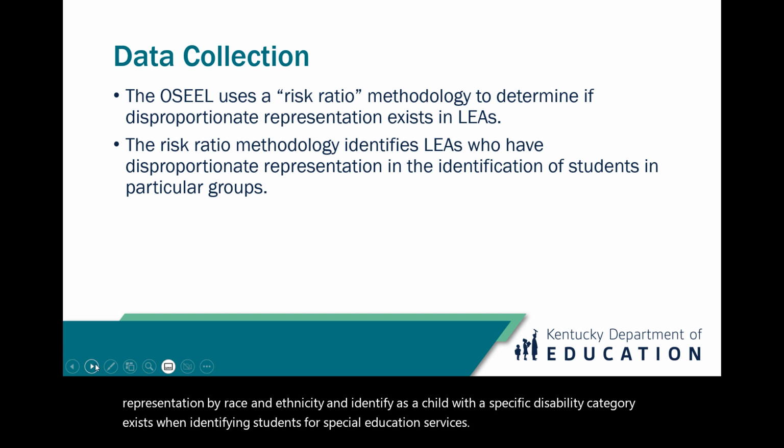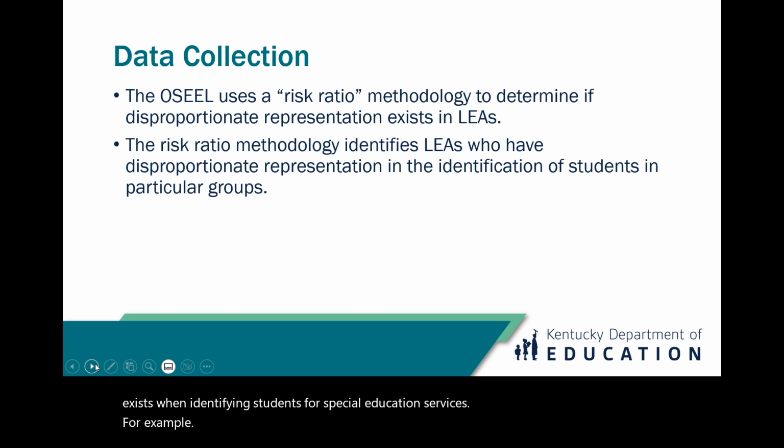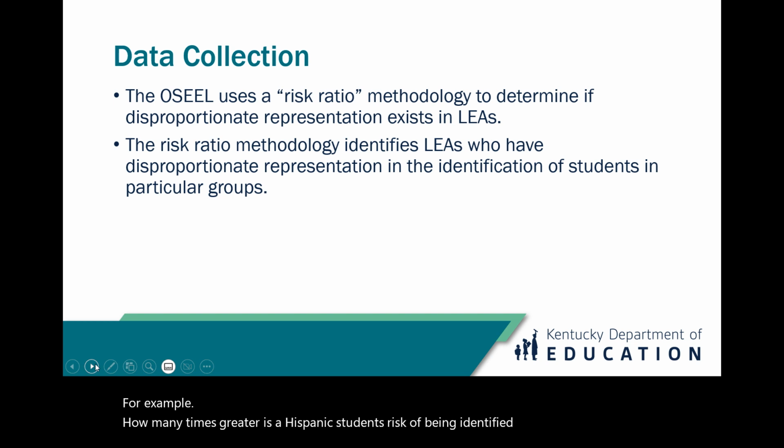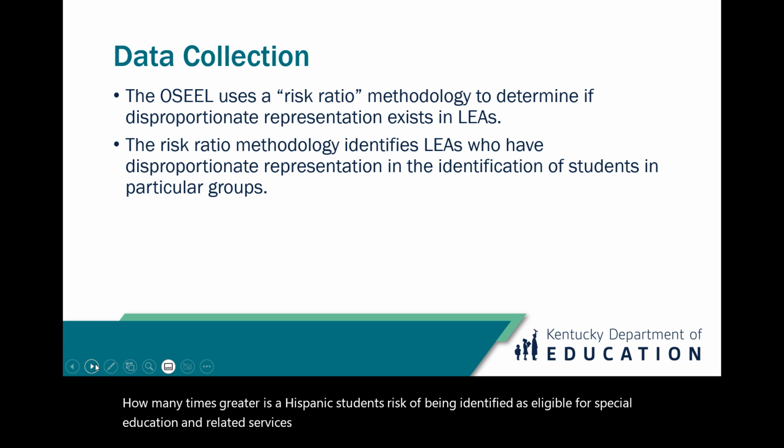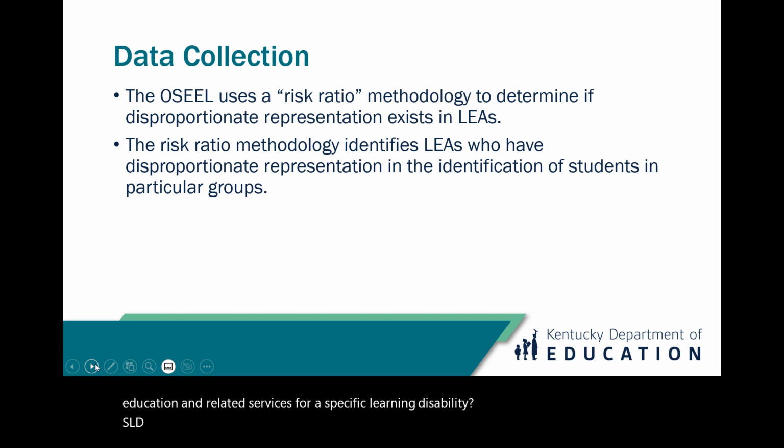For example, how many times greater is a Hispanic student's risk of being identified as eligible for special education and related services for a specific learning disability, SLD, compared with all other racial ethnic groups in the LEA?